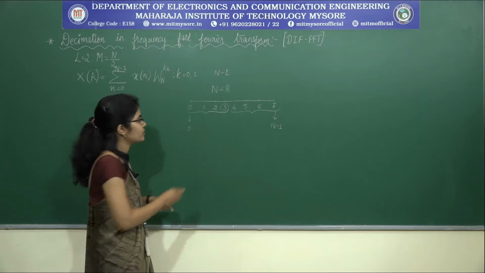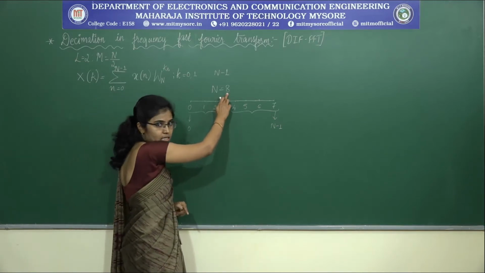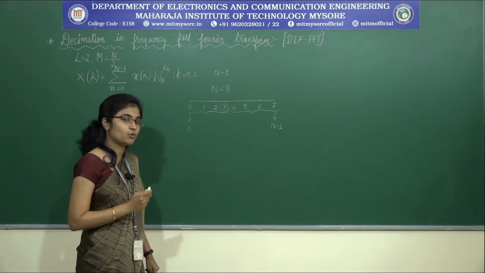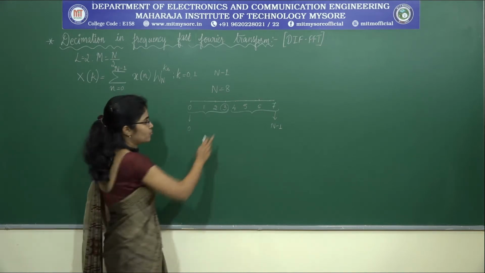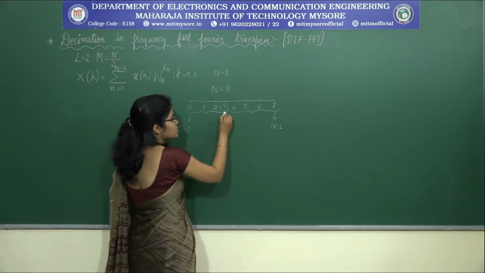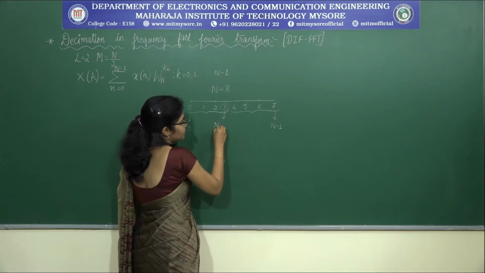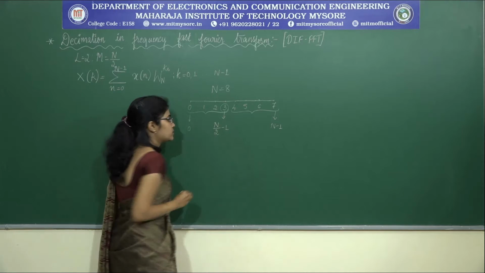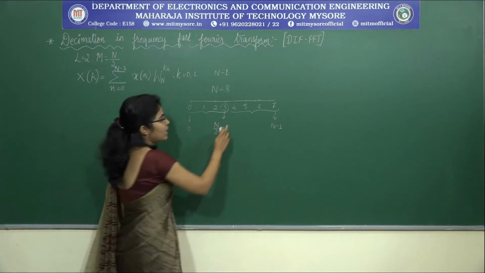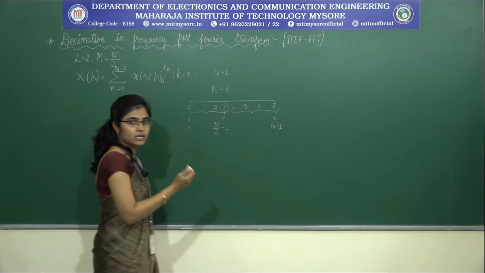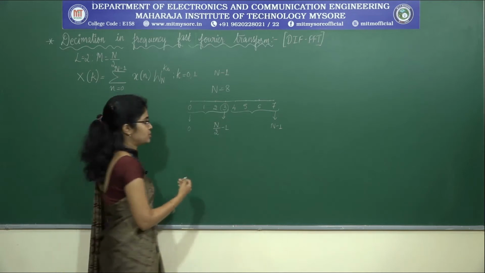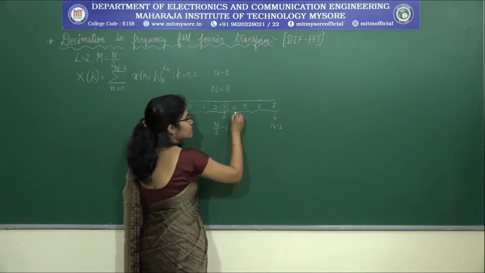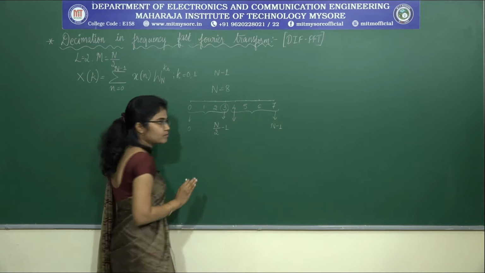What is the value of N? The value of N is 8. 8 by 2 is 4, and 4 minus 1 is 3. Do we get 3? Yes. So the limit will be N by 2 minus 1. Similarly, I need to check the lower limit of the second summation, because we have the upper limit of the first. The second summation should start from the 4th sample.